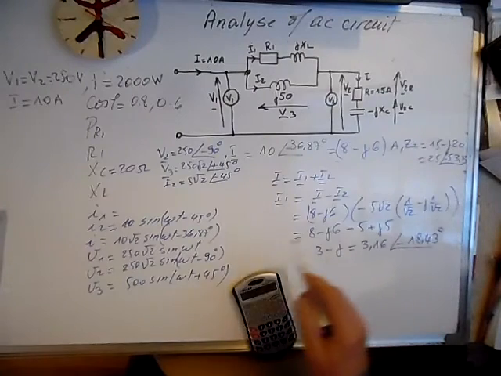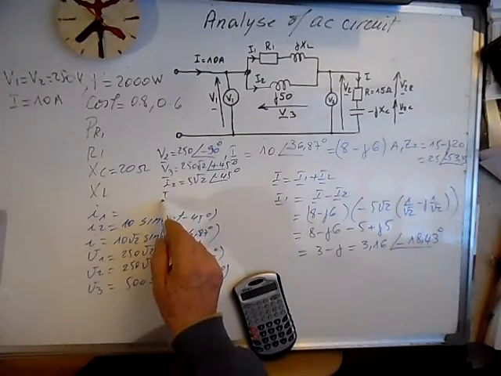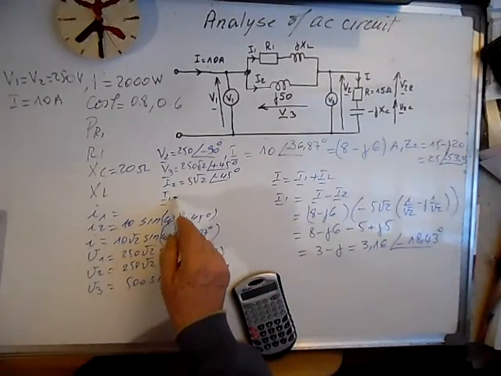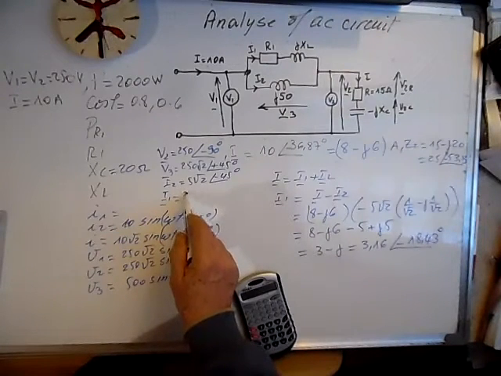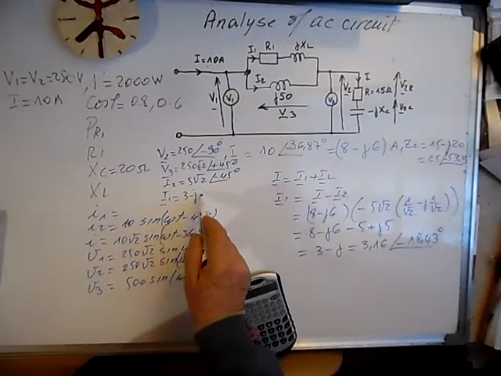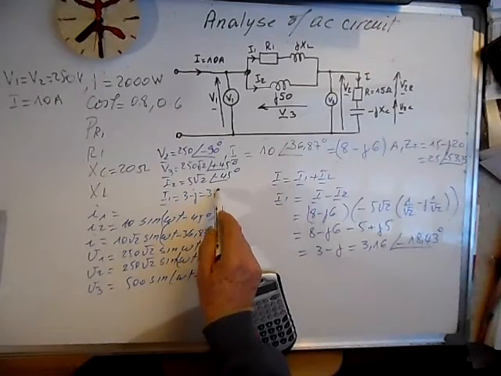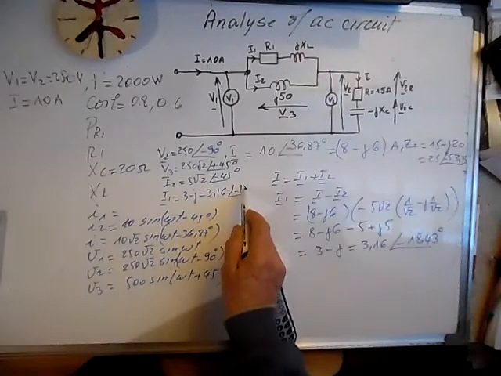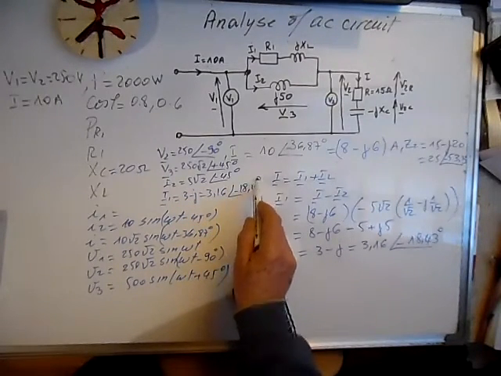So we write I1 here so that we have all the forms. I think we need the second form, 3.16 minus 18.43 degrees.